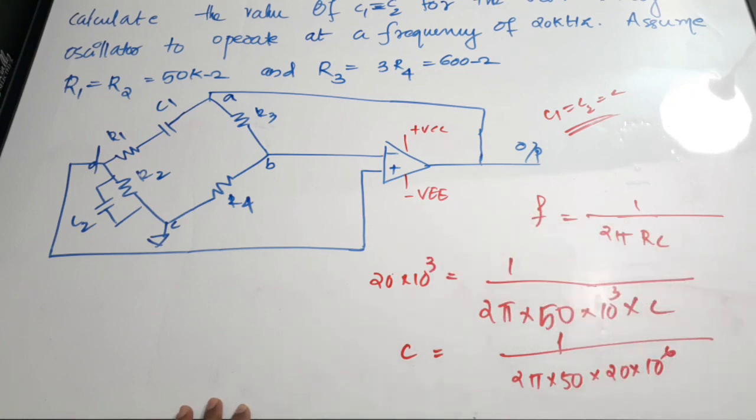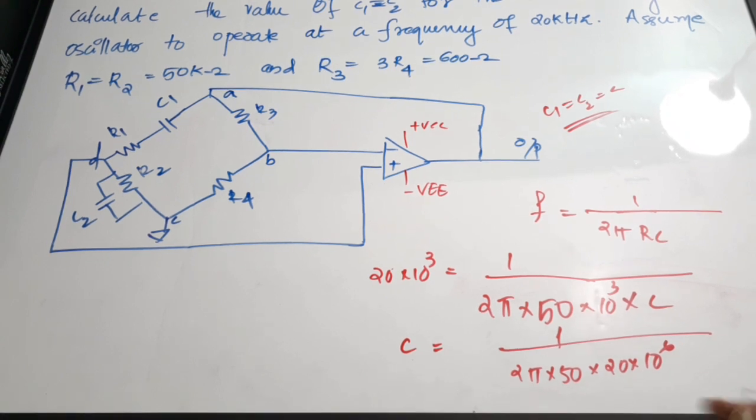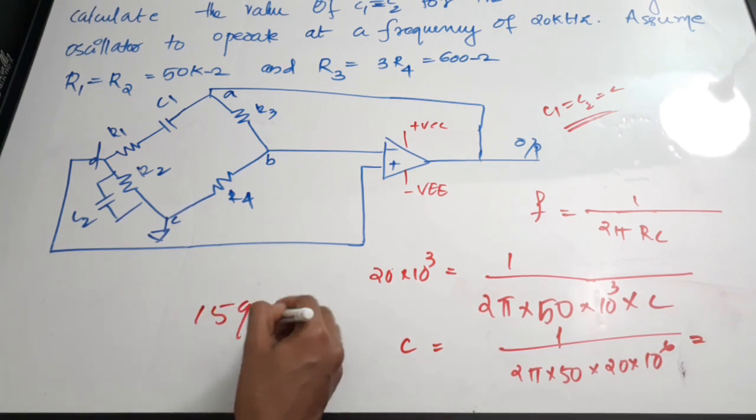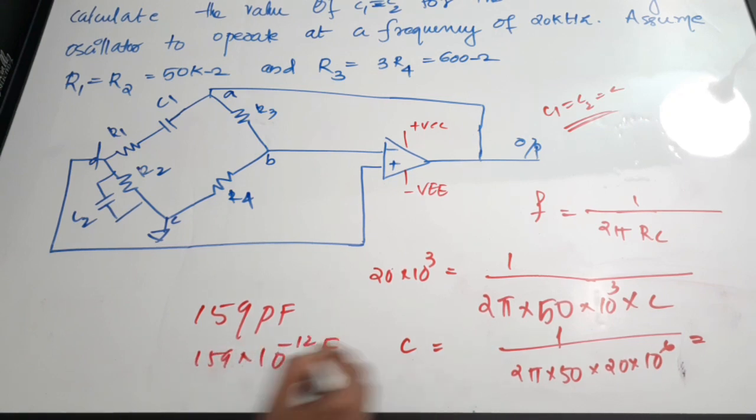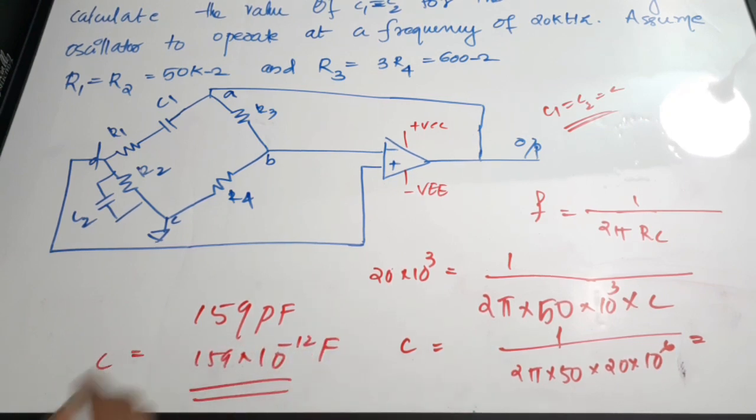When you solve it, I'm going to directly write the value, leaving the numerical work to you. It is 159 picofarads, or 159 into 10 raised to minus 12 farads, is the value of C obtained.